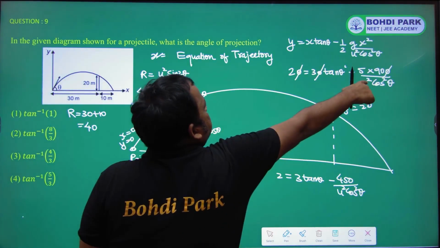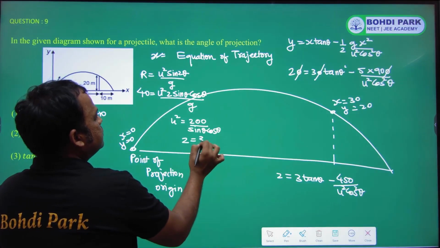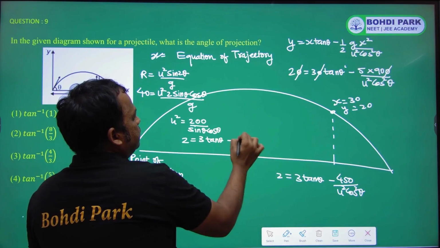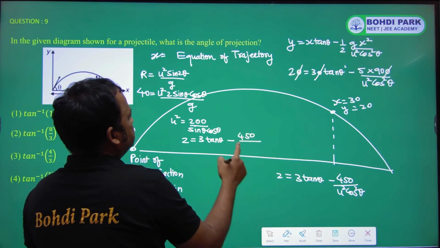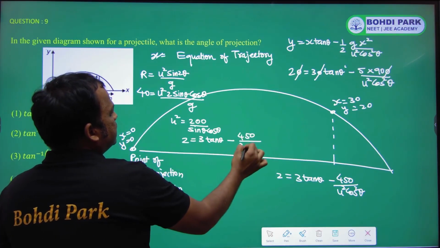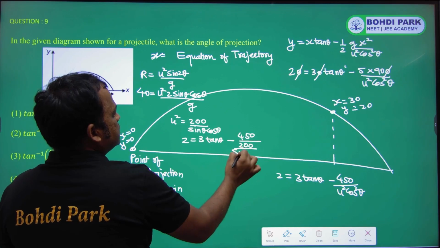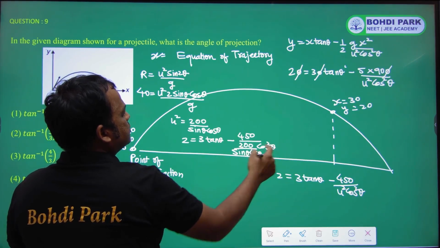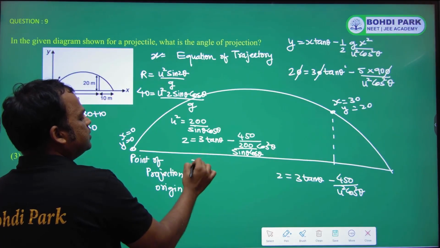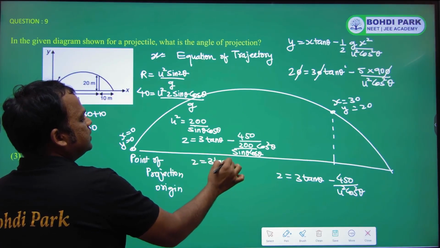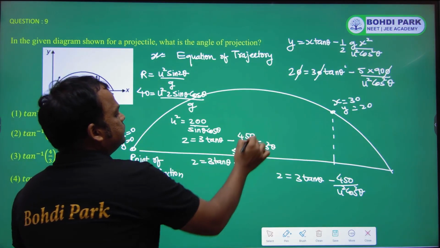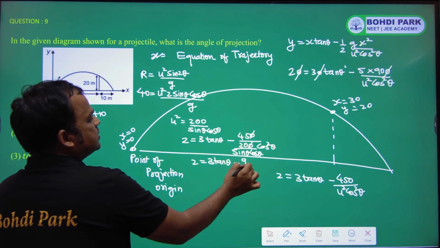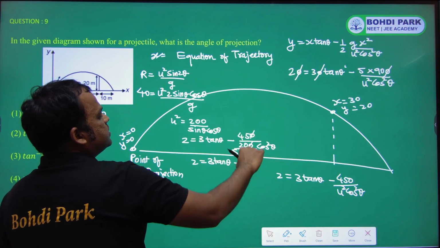So put it here. So 2 is equal to 3 tan theta minus 450 by u square, which is 200 by sin theta cos theta, then into cos square theta. So cos theta cancels, sin will go to the numerator. So 2 is equal to 3 tan theta minus 45 by 20, which is 9 by 4, and sin will go to numerator.